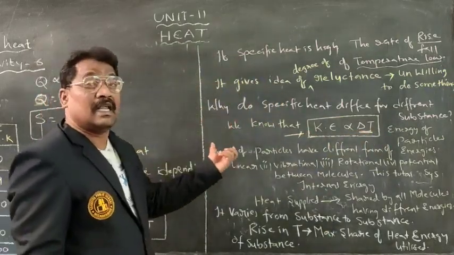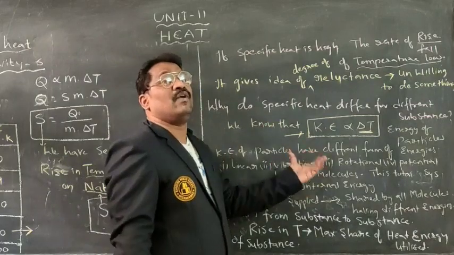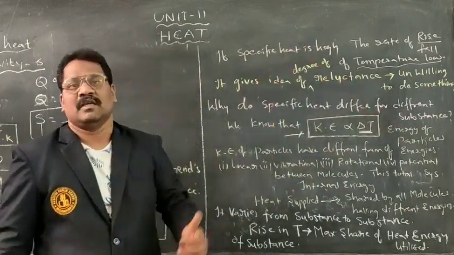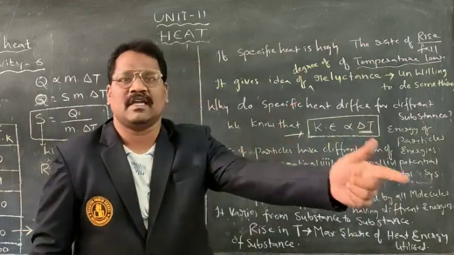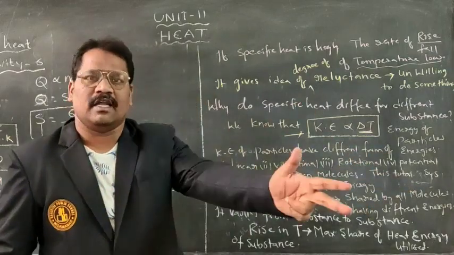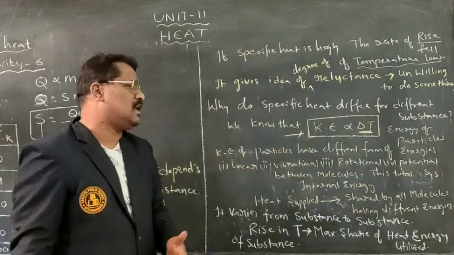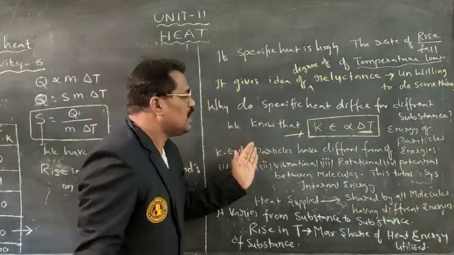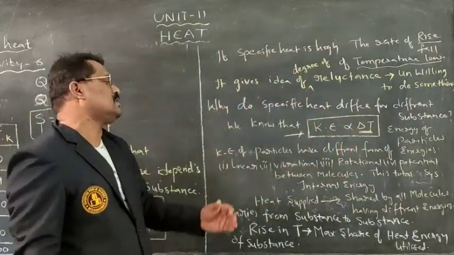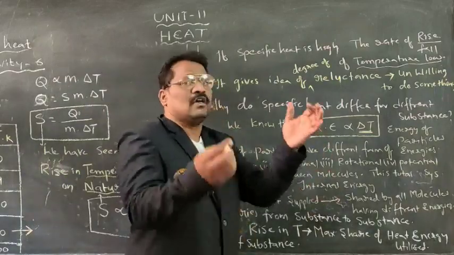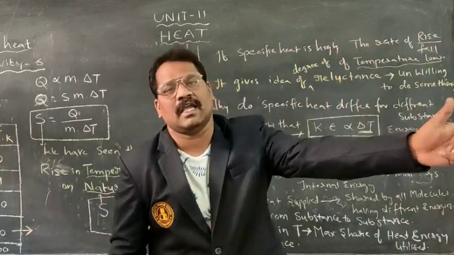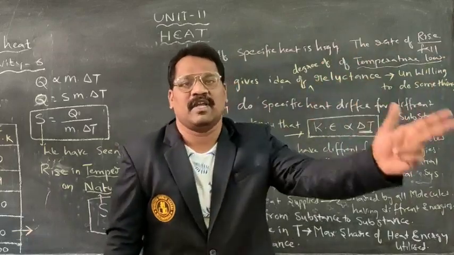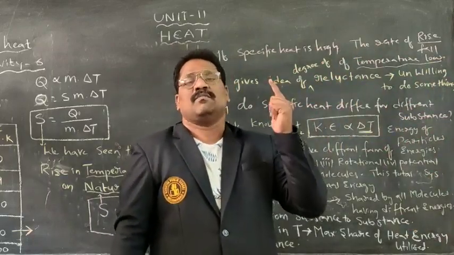And kinetic energy of particles will have different types of energies, such as linear kinetic energy, potential energy, rotational energy, vibrational energy, and so on. Different types of energies will be existing within the molecules. If you take a molecule, within that particular molecule, linear kinetic energy will be existing, vibrational energy will be existing.